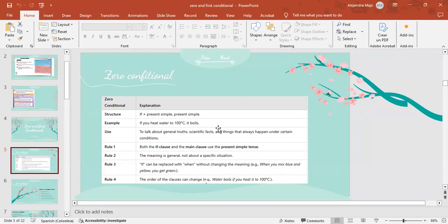The structure is simple. We use present simple in the if clause and the main clause. The if clause is the part of the sentence that goes with if, and the main clause is the result. So in the two parts we use present simple. This is the easiest one.